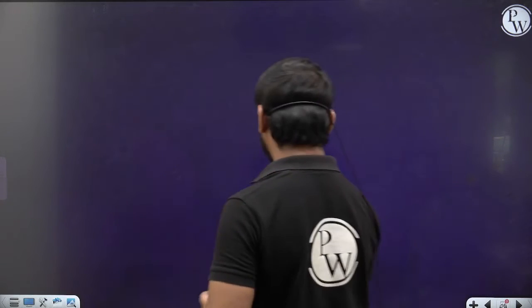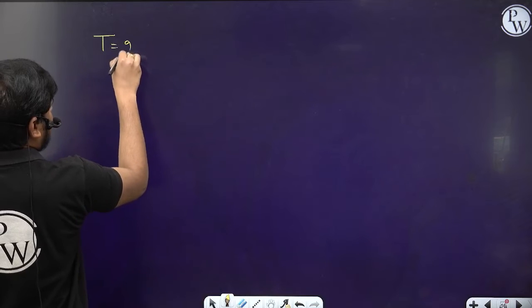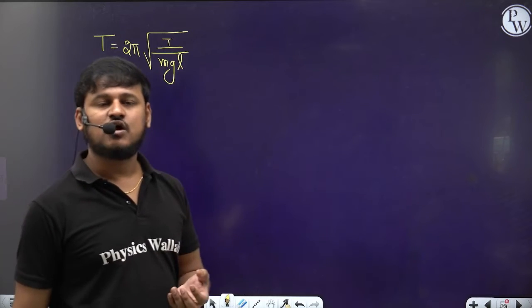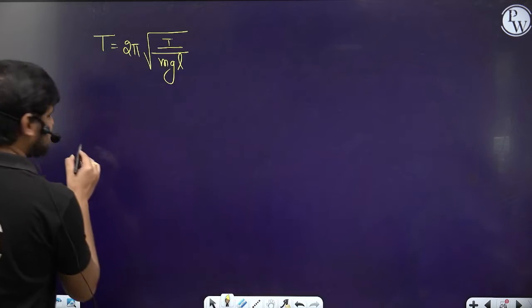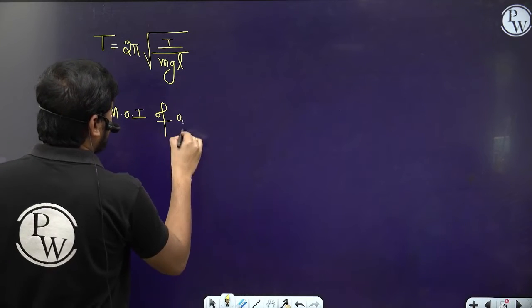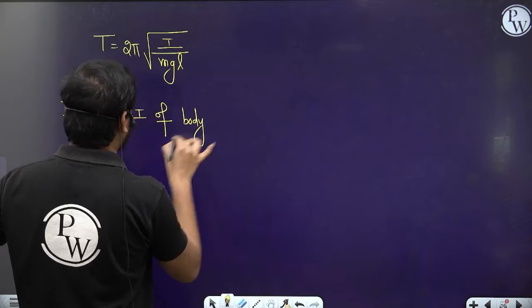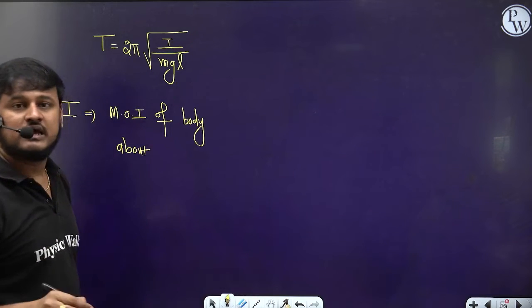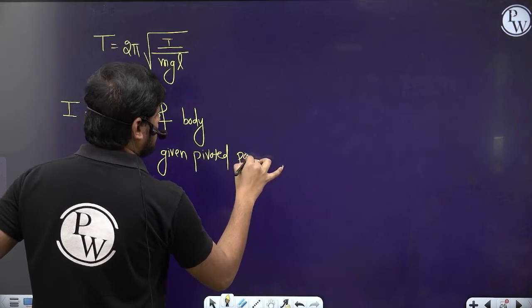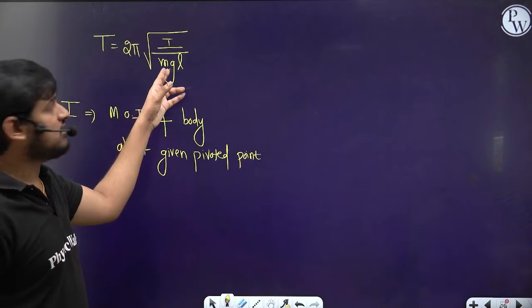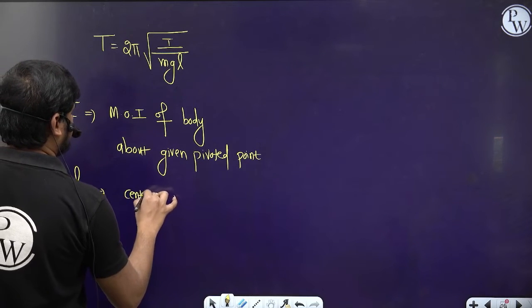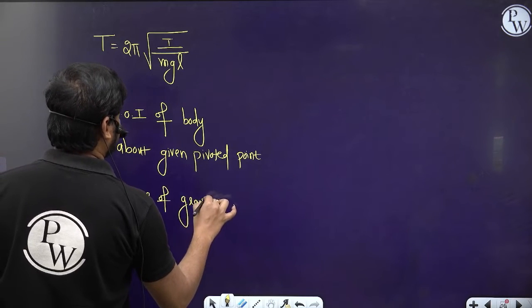Let me write that formula again. The time period T is equal to 2 pi into root over I by mgl, where I is the moment of inertia of the body about its given pivoted point, m is the mass of the body, g is the acceleration due to gravity, and L is the length of the center of gravity.